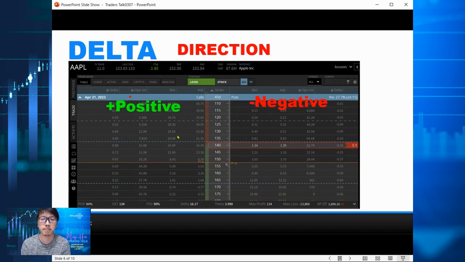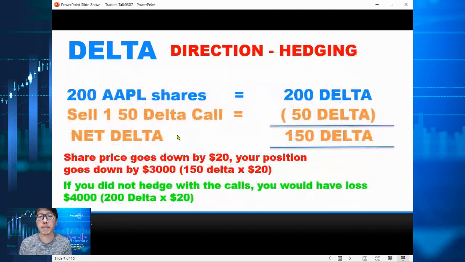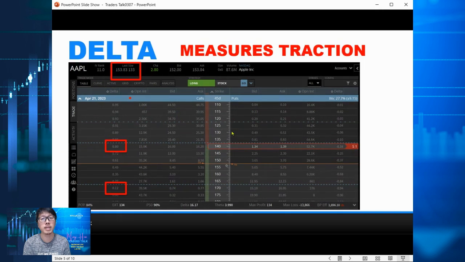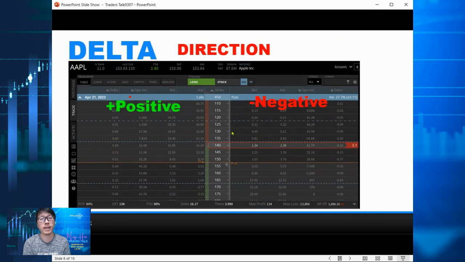Then the other thing: the three metrics you have actually learned. What were the three? One is the probability of getting in the money, then the measurement of traction, and then direction. Once you learn all these things, you can use them to apply to your trades.